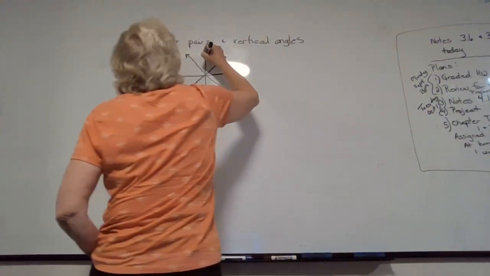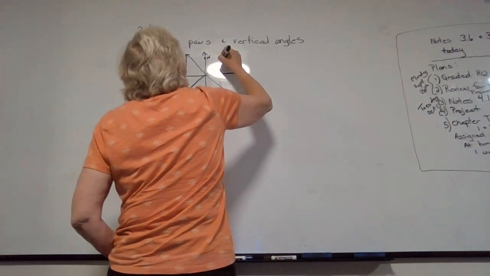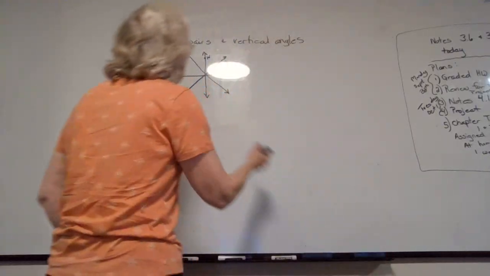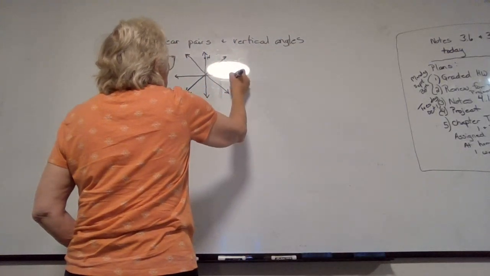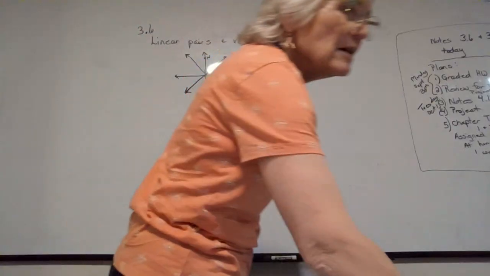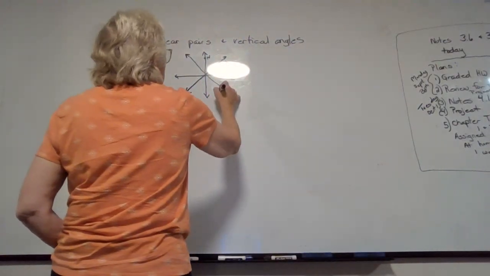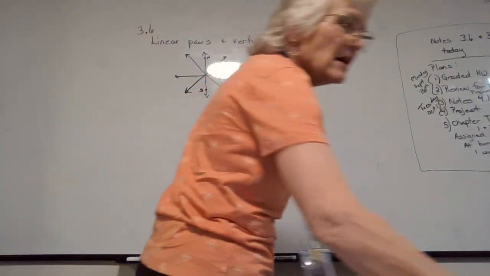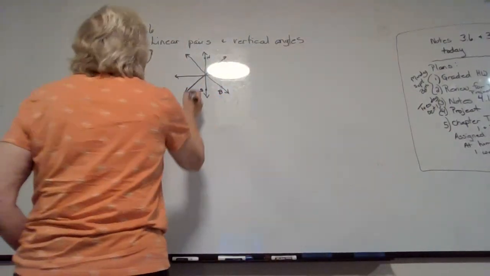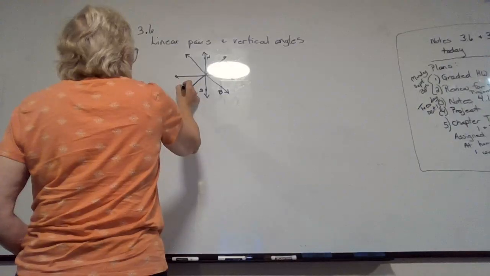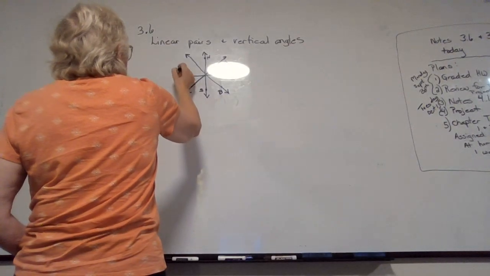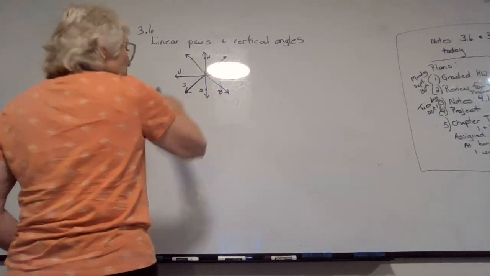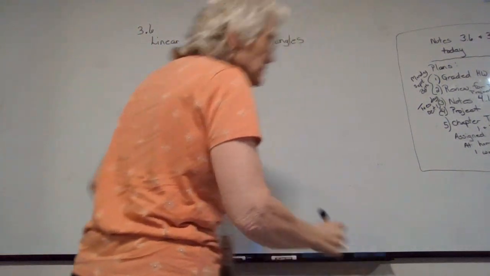So this is N. Then going around we have E, S, W, and this is A, B, D, C.